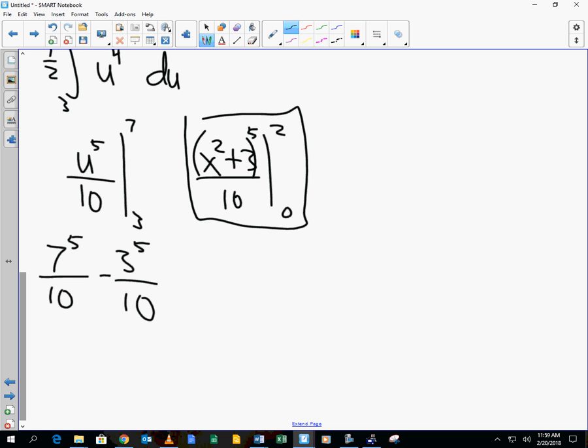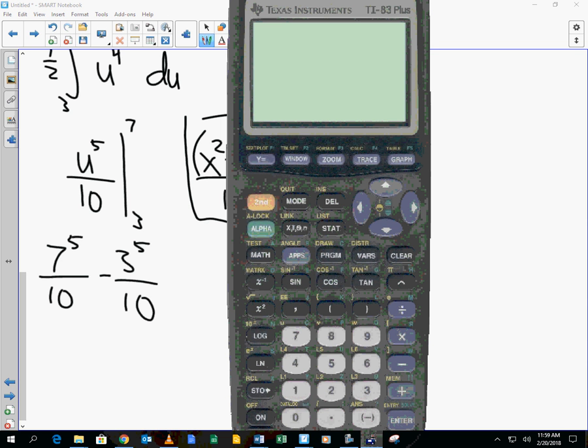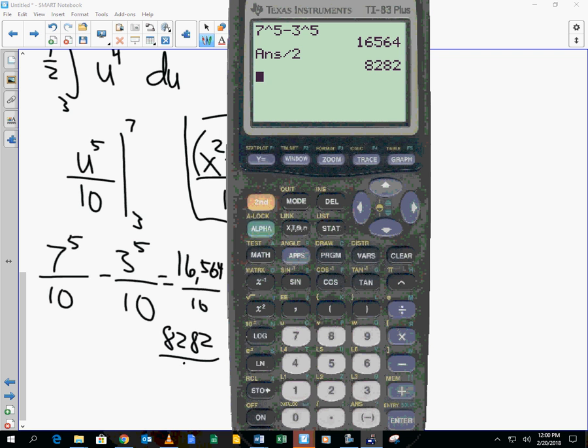Those are some pretty big numbers. 7 to the 5th minus 3 to the 5th, and I get 16,564 all over 10. Divide top and bottom by 2, and you get 8,282 all over 5. And that is your area.